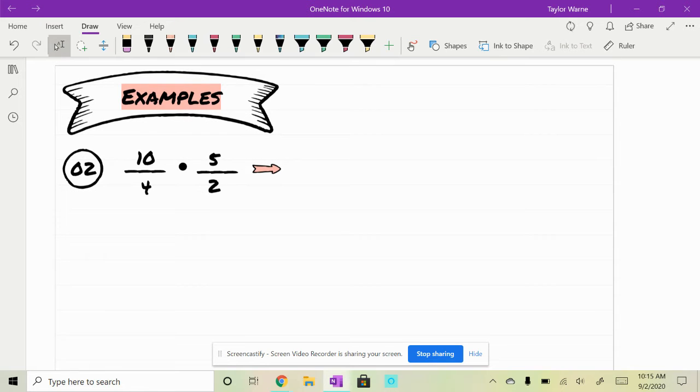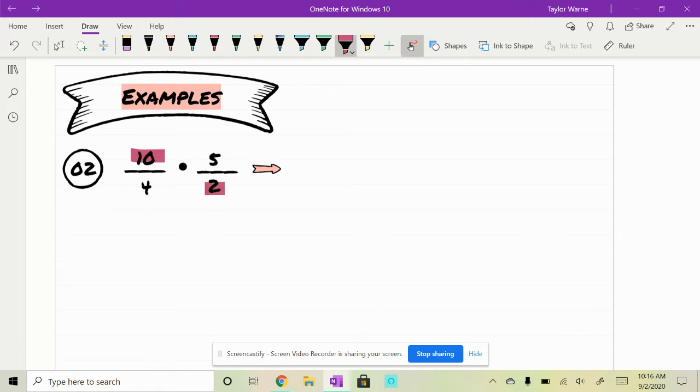Next, I'm going to show you how to cross-cancel. I'm going to show you that cross-canceling method. So we have 10 divided by 4 multiplied by 5 divided by 2. So when we look at these examples, we are actually going to look at our opposite sides, which is why it's called cross-canceling. So we have our numerator in our first fraction, which is 10.